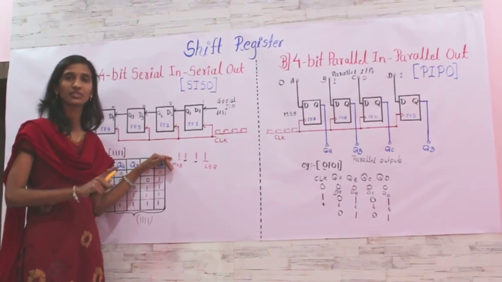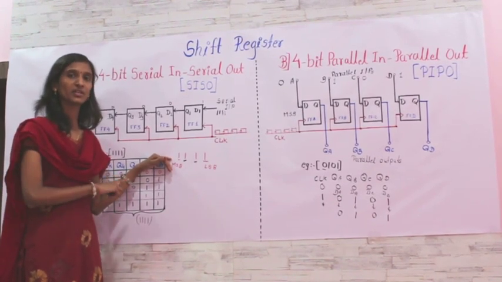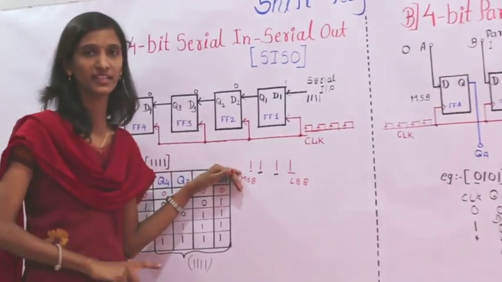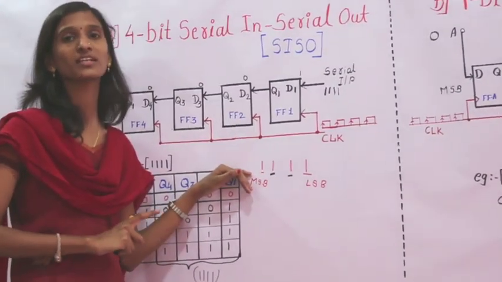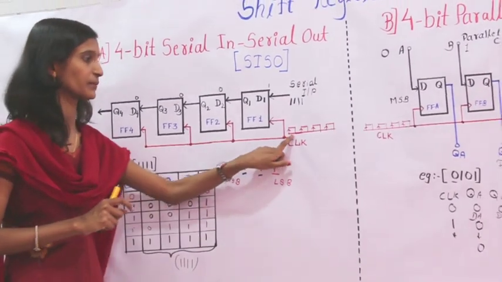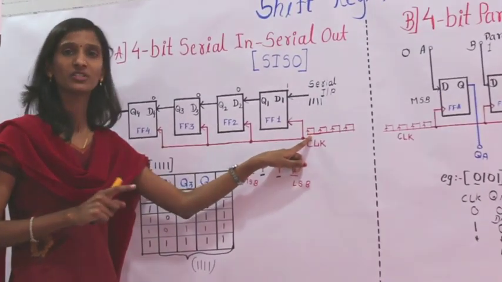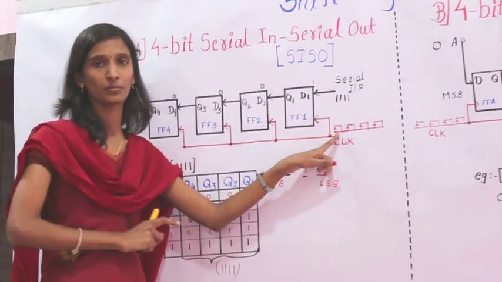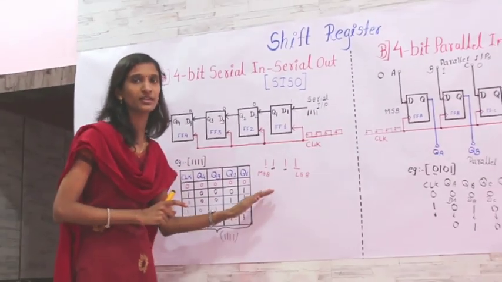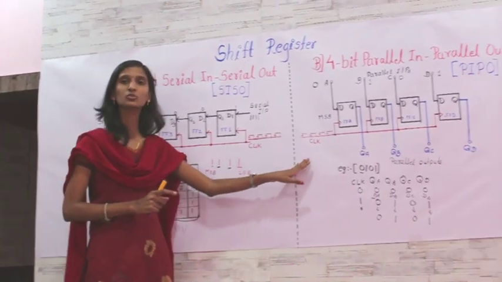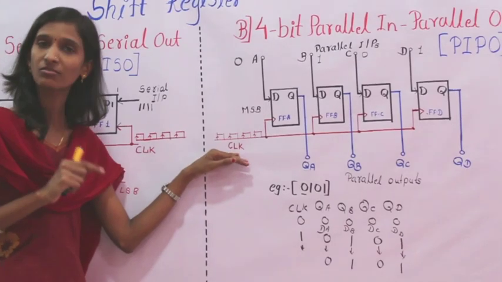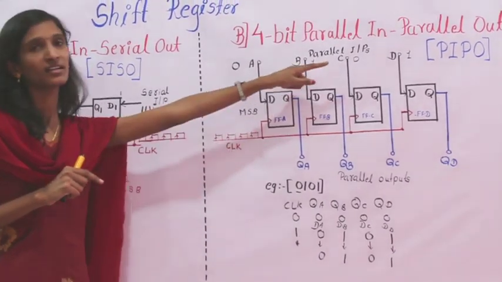For example, to transfer 4-bit data, we require 4 positive rising gate pulses, because for each pulse it will transfer only 1 bit to the next flip-flop. This is the part of SISO. But in the case of PIPO, only a single gate pulse is required to transfer all the bits.